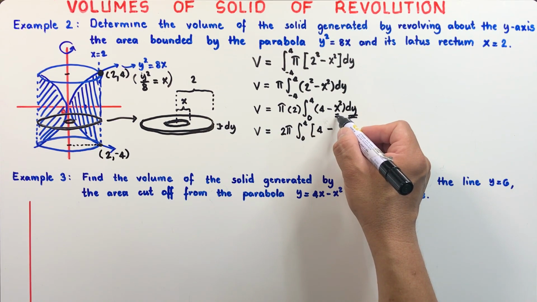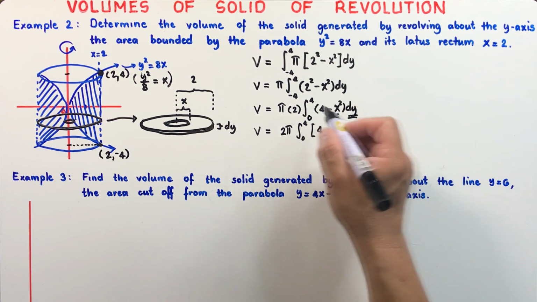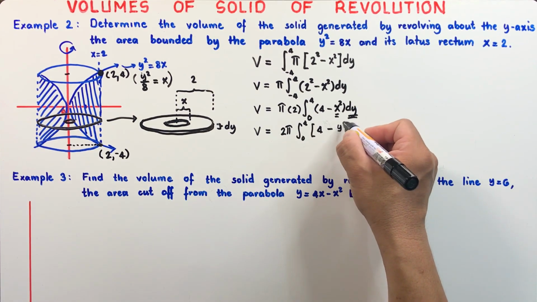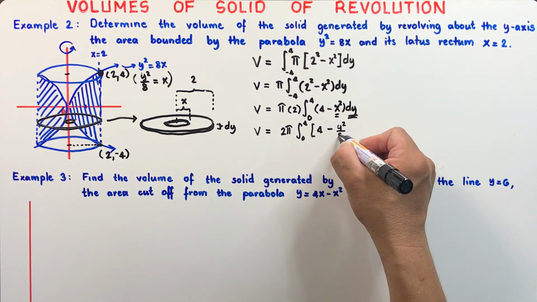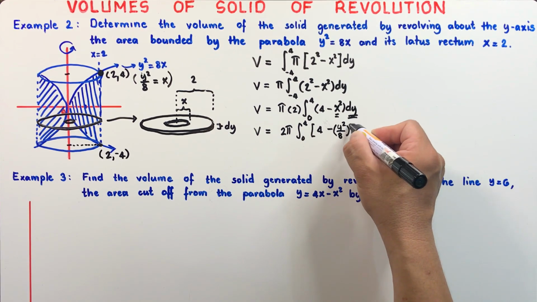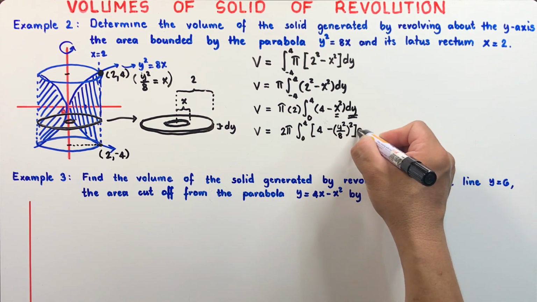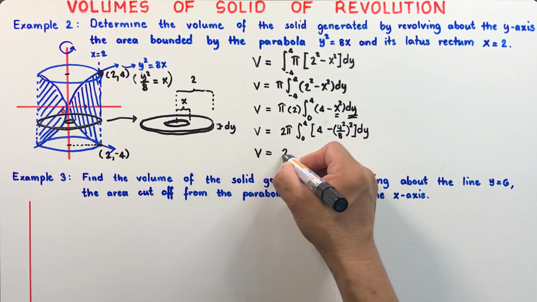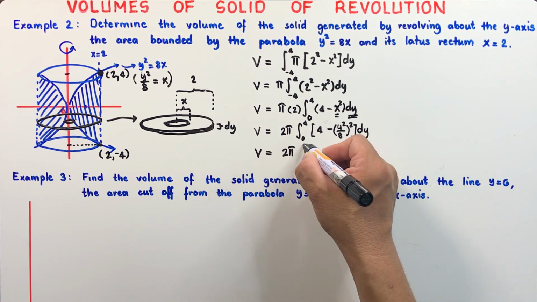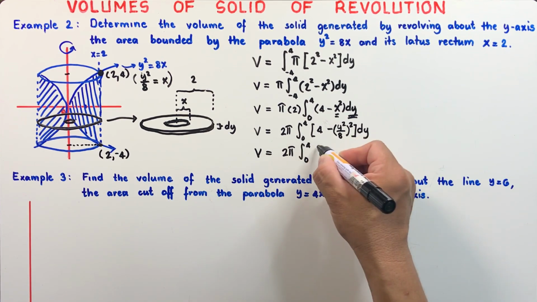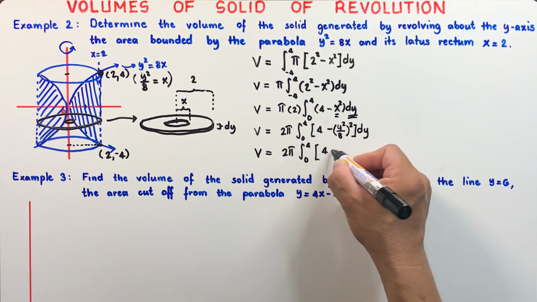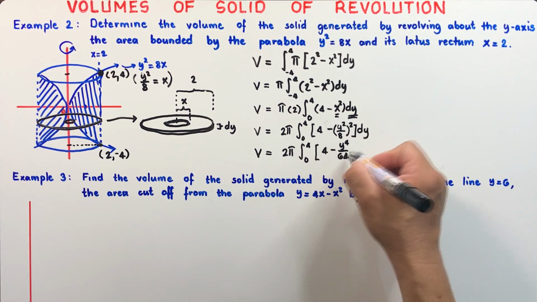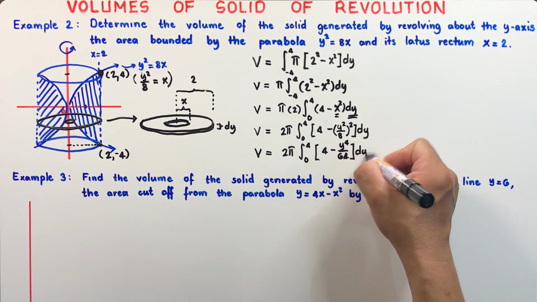So changing x in terms of y, we substitute this value of x, which is y squared over 8. So we square this one, times dy. So volume is equal to 2 pi times the integral from 0 to 4 of 4 minus y to the 4th over 64 dy.